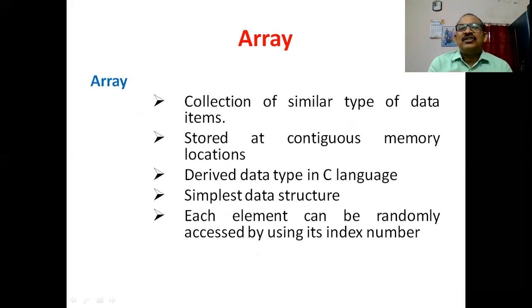An array is a collection of similar type of data items. It is stored in a linear fashion. It is an example of a linear data structure. You can say it is the simplest data structure. Each element of the array can be randomly accessed using its index number.